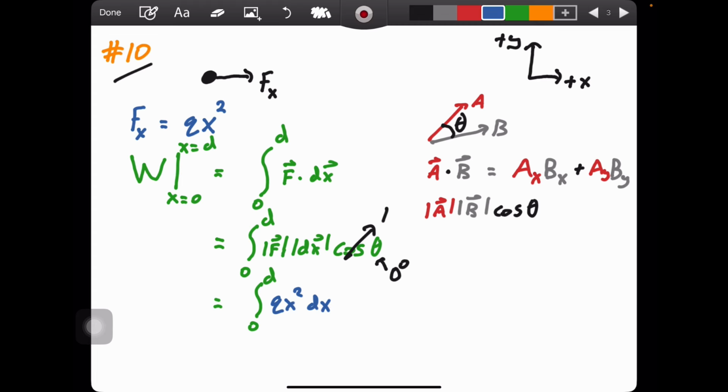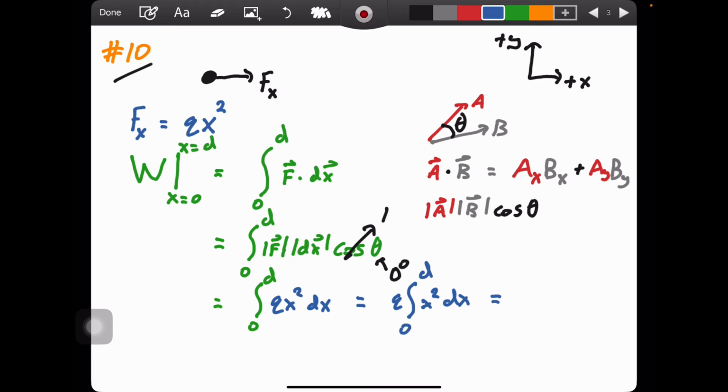And q is a coefficient that does not vary as a function of x, which means that we can take the q out. So now we're going as a definite integral from 0 to d of x squared dx.